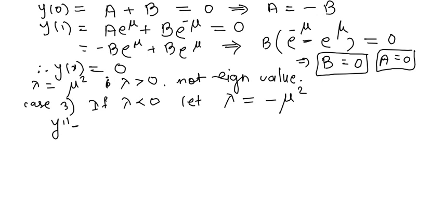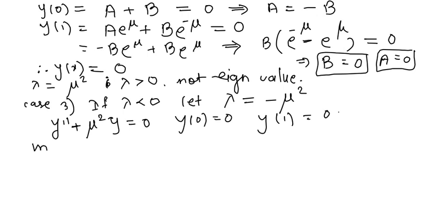Minus into minus, so it will be plus mu square into y equal to 0. y of 0 is 0, y at 1 is equal to 0. So the auxiliary equation is m square plus mu square equal to 0. That implies m is equal to plus or minus mu into i.